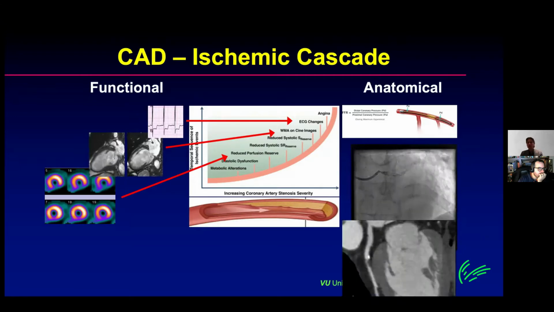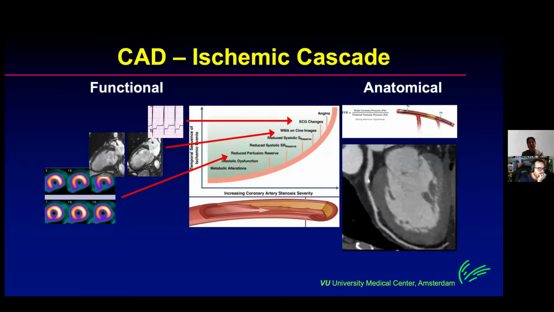And then a little over 15 years ago, we had this anatomical feature where the gold standard of invasive coronary angiography has been replaced by non-invasive coronary angiography. And this is very interesting because now we're at a split point in time where we need to decide what we are going to do for which patients.